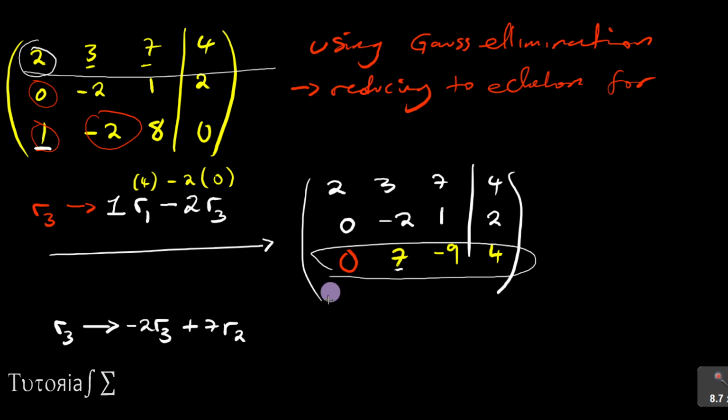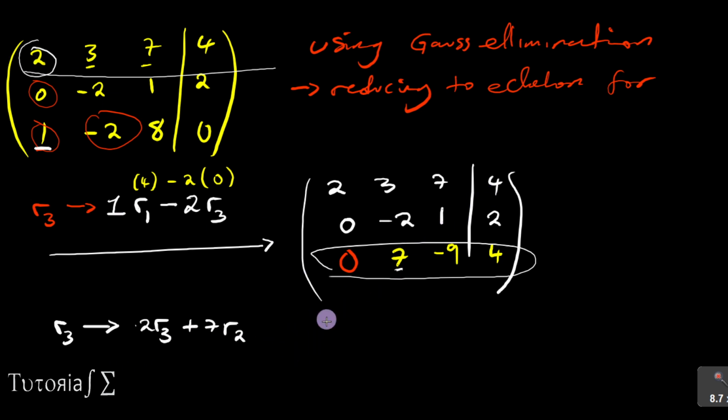This comes there and that comes there, and we consider the polarities. So if this is negative, one should be positive, and so on. Since there's already a minus there, there's no need for me to put a minus there. This is what I'm saying about considering the polarities, the signs. So 2 times row 3, that will be 14, plus 7 times -2, that will be -14, and these will subtract out to give 0.